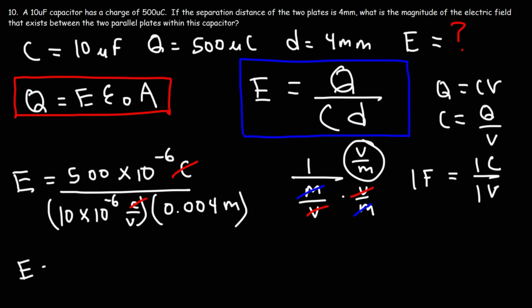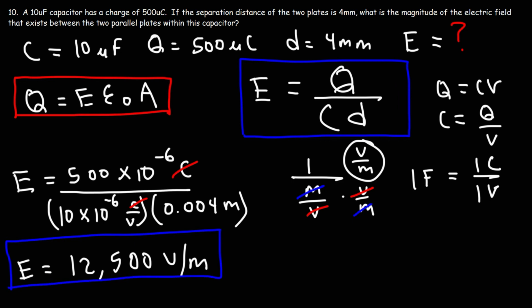So let's get the final answer. 500 times 10 to the negative 6 divided by 10 times 10 to the negative 6, that's 50. 50 divided by 0.004 is 12,500 with the units of volts per meter. So that is the electric field that exists between the two parallel plates within this capacitor.